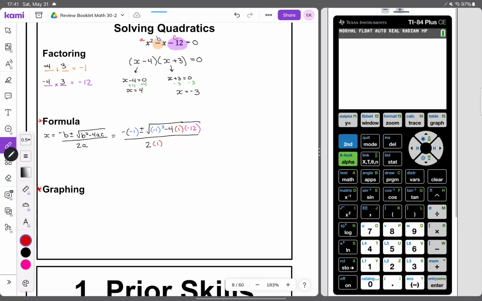So we can just put all of that into our calculator, or we can simplify it a little bit. If I want to simplify it a little bit, negative into negative, that's going to be a positive. (-1) squared, that's just 1. -4 times -12, that's going to be plus 48, all over 2.